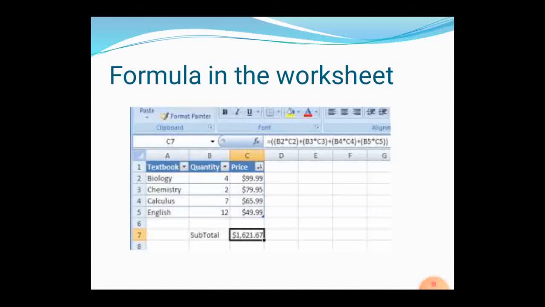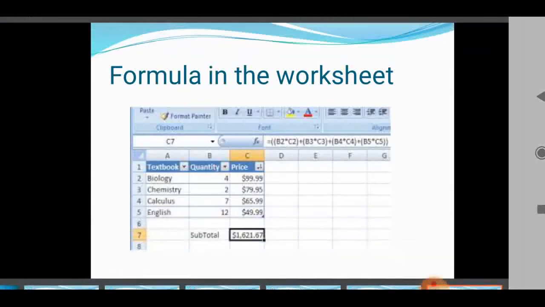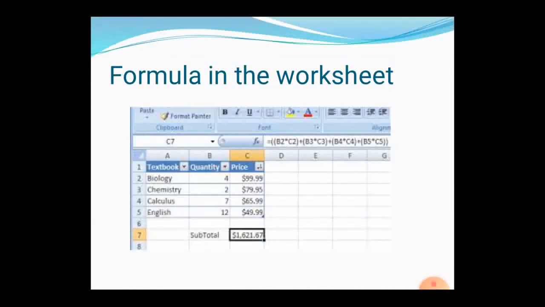So the number 4 into $99.99 will be given as B2 into C2, multiplying the B2 value with the C2 value, and then adding the next cell, that is B3 with C3, multiplying these two and adding with the above answer.